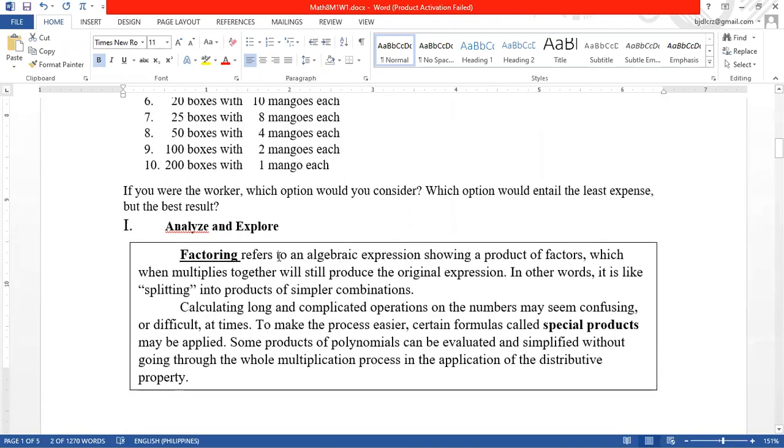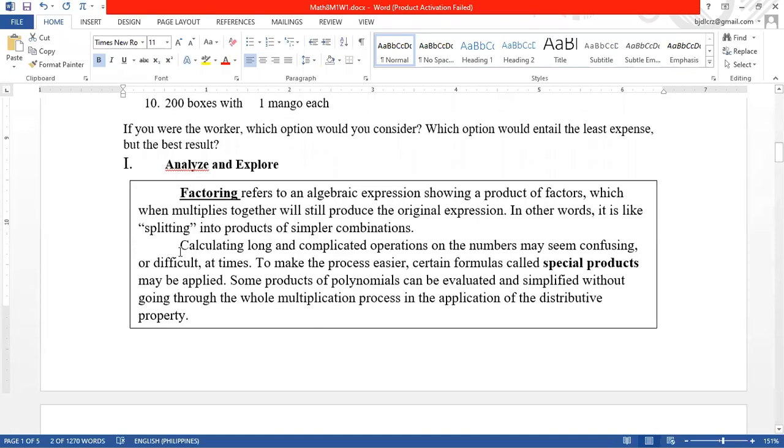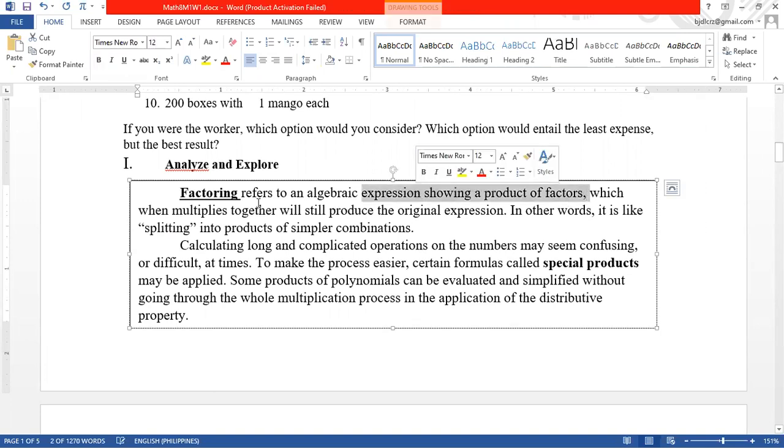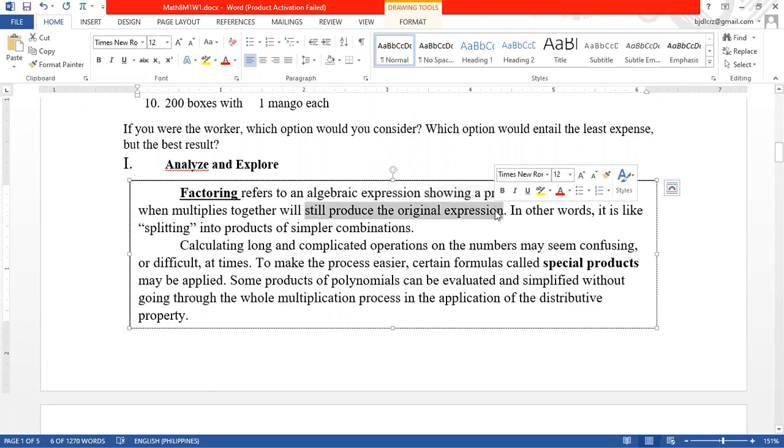So for analyze and explore, factoring refers to the algebraic expression showing a product of factors, which when multiplied together will still produce the original expression.